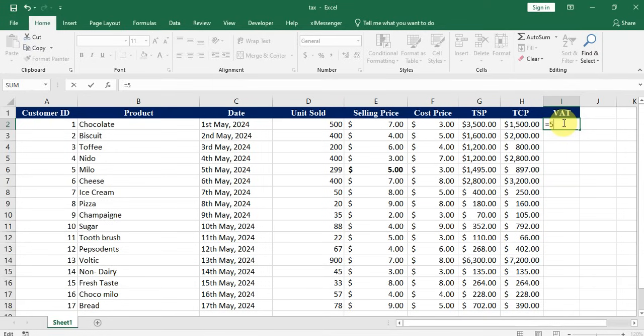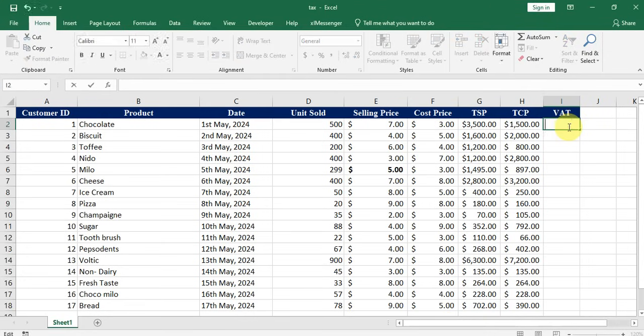So you say 5% multiplied by the cost price. 5% multiplied by the cost price. Immediately I click on enter, you can see the value added tax on it was 0.15 cents.